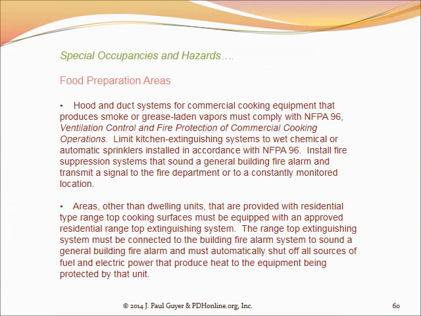And the regulatory driver for food preparation areas is NFPA 96, Ventilation Control and Fire Protection of Commercial Cooking Operations. The extinguishing systems in food preparation areas should be wet chemical or automatic sprinklers installed in accordance with NFPA 96.